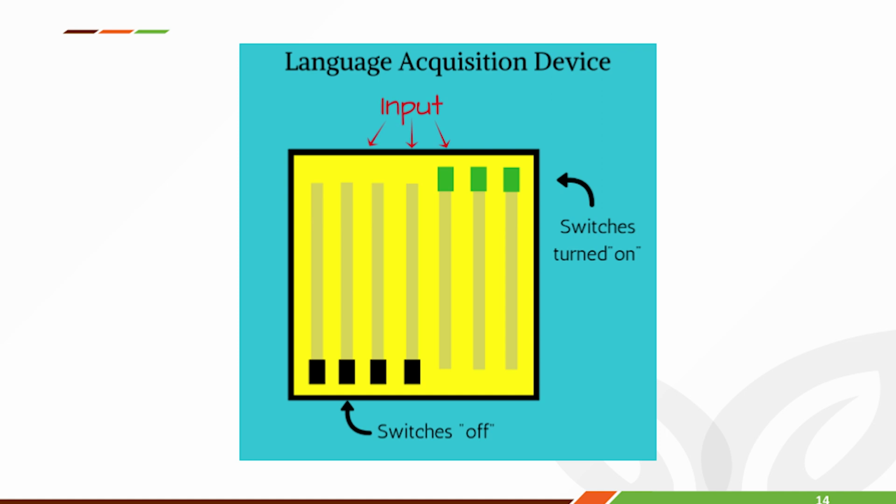And then some black rectangles that represent the off switches that are down in the bottom position. And this represents if you grow up hearing Japanese grammar, then your Japanese grammar switches are turned on. And if you grow up not hearing Swahili grammar, then your Swahili grammar switches stay turned off.